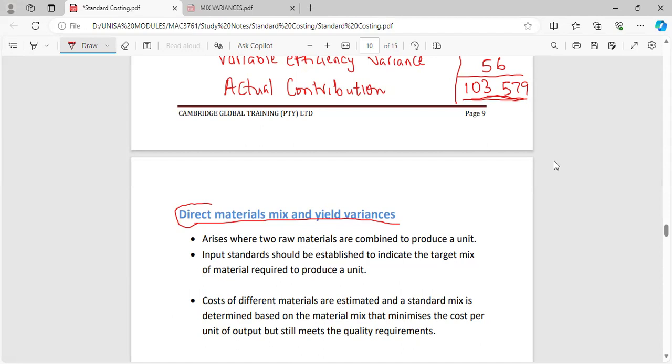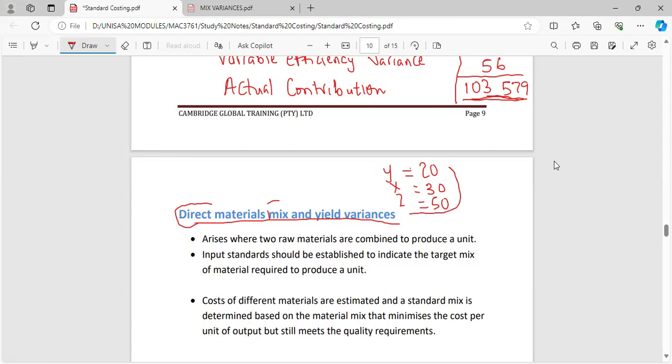I think we know this mix. The mix is the contribution of each. Let's say here we have Y, X, Z, and the Y is going to sell 20, this one is going to sell 30, and this one is going to sell 50. So you should be able to determine the mix from here.